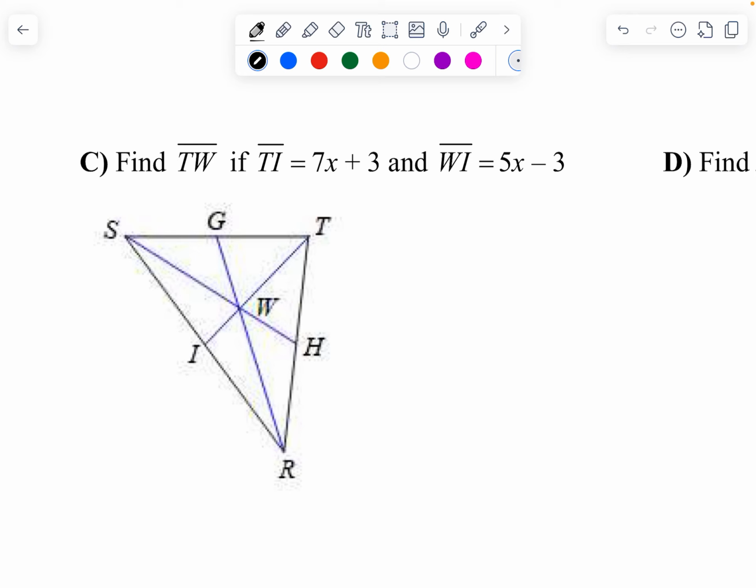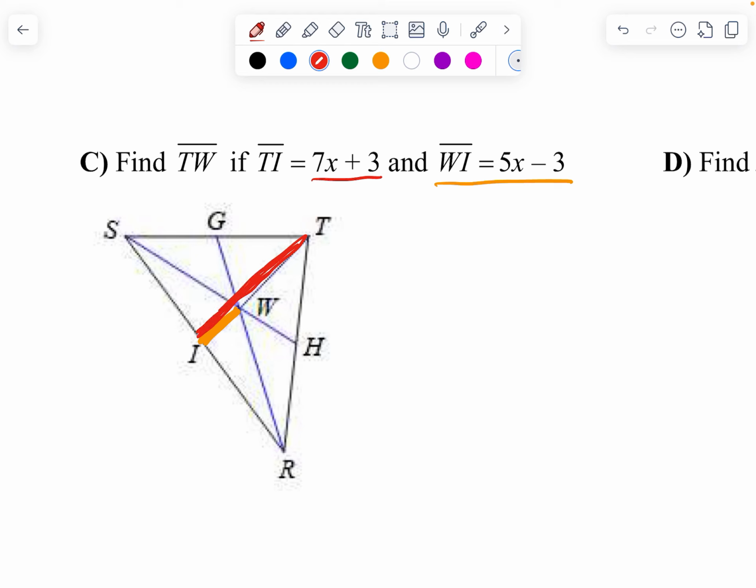So it says find TW if TI equals 7x plus 3 and WI equals 5x minus 3. So let's do WI first. WI is our centroid to midpoint. Okay, and then we also see that we have 7x plus 3 is T to I, which is the whole distance there.